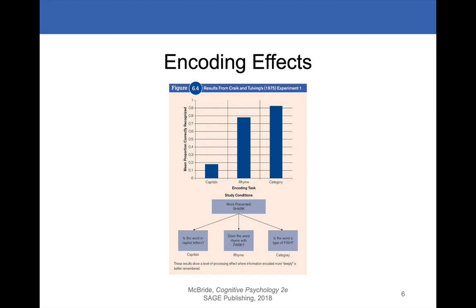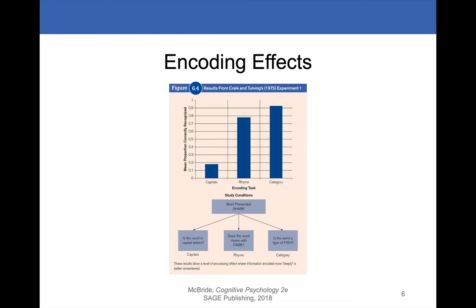you'll notice that those that encoded the words according to categories, that were given different category cues to encode the words, to understand what each one meant, almost had a perfect recall of all of the words, versus the ones that just looked at whether or not the word was in capital letters or in lowercase font.